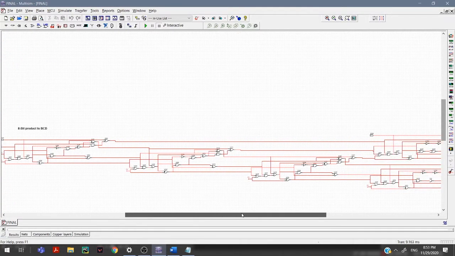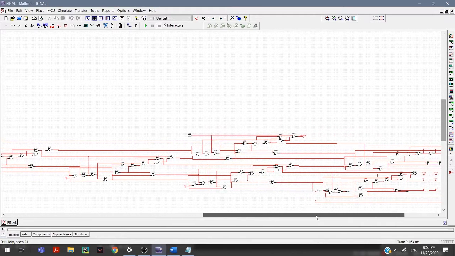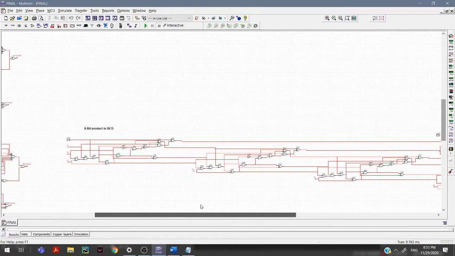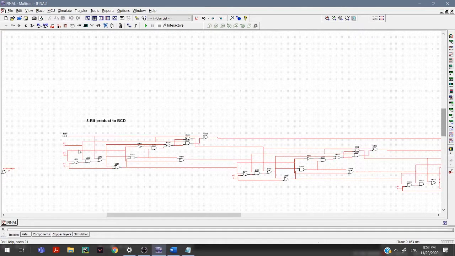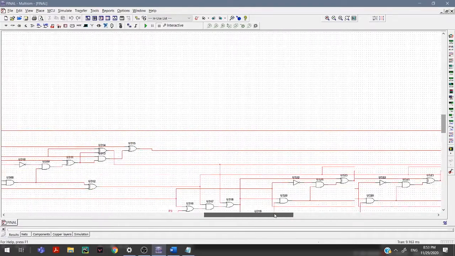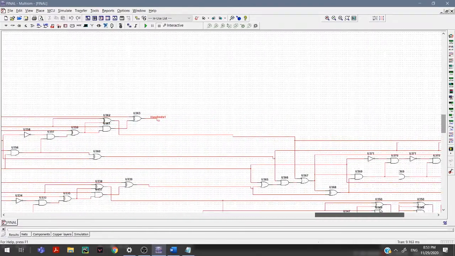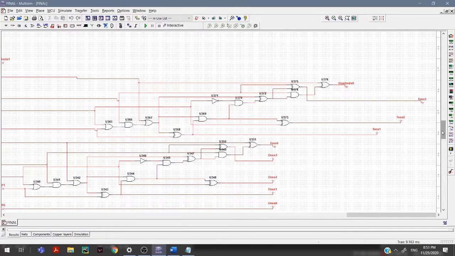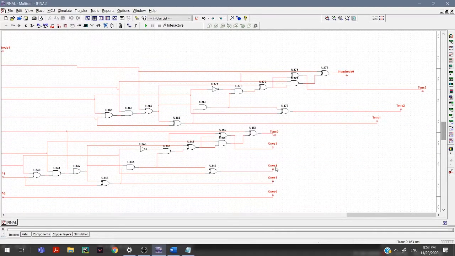This circuitry involves decoding the 8-bit product P0 to P7, as you can see, P7, P6, P5, into different BCD outputs, which are called ones 0, ones 1, ones 2, ones 3.